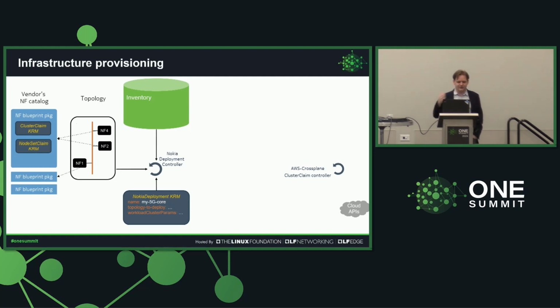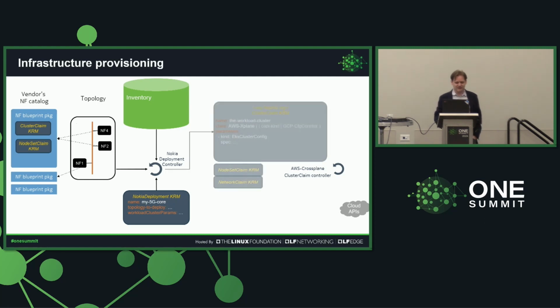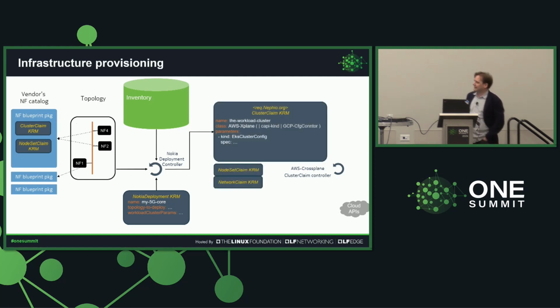What it will do, we already seen. First, it will gather information from the topology and the inventory, and it will create these infrastructure claims. The example here is the cluster claim example, and there are two things to note here. One thing is this class field of this claim.